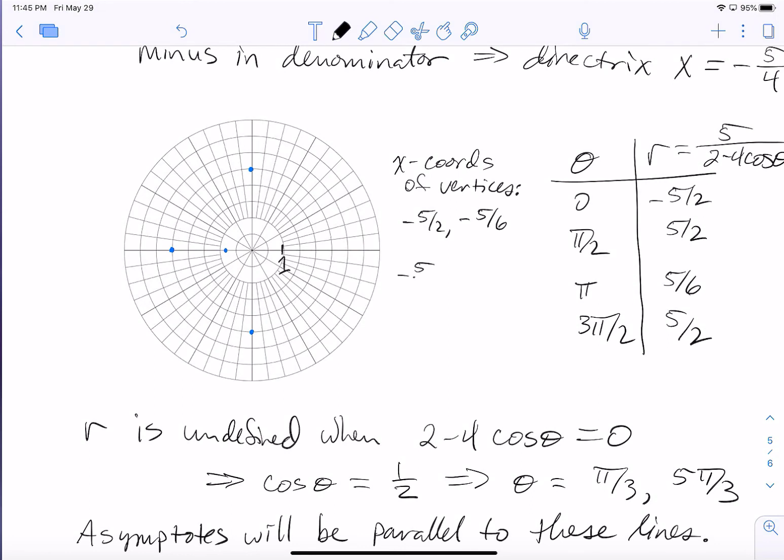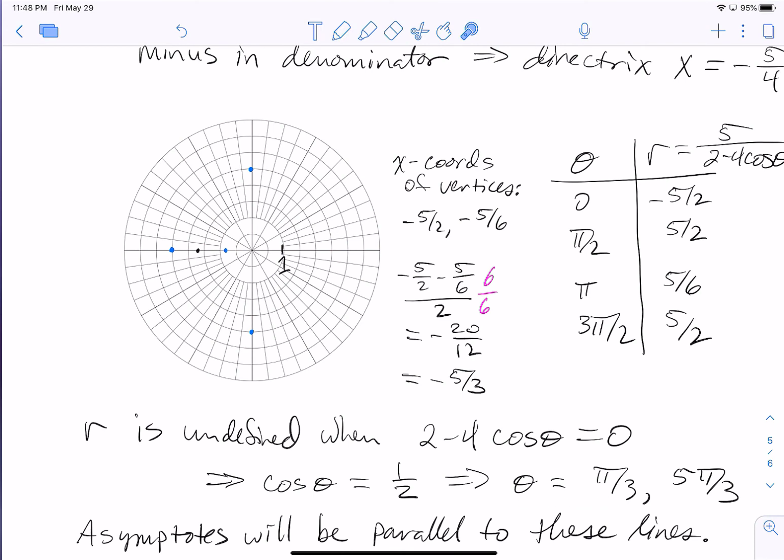Averaging those, we get negative 5 halves minus 5/6 divided by 2. You can verify the arithmetic gives us an x-coordinate for the center of negative 5/3. So that's going to be 1/2, 1, 1.5. Negative 1 2/3 is going to land somewhere around here. So there's our center.